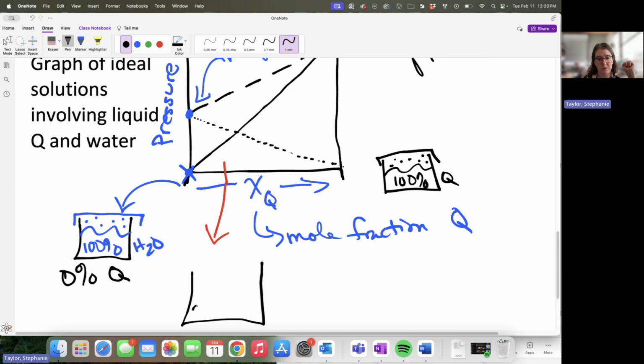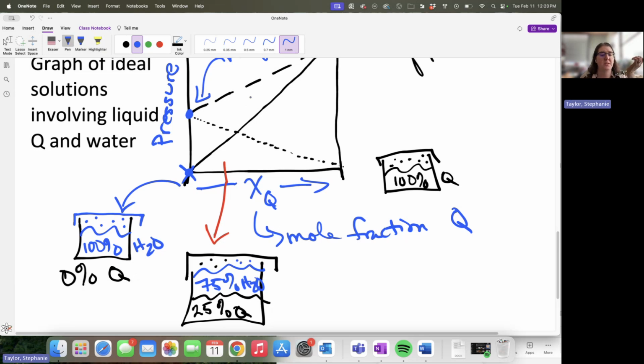So I have about 25% Q. And I have 75% water. So the vapor pressure that I then get at this point is going to be a combination of Q and water vapor. I'm going to have both.